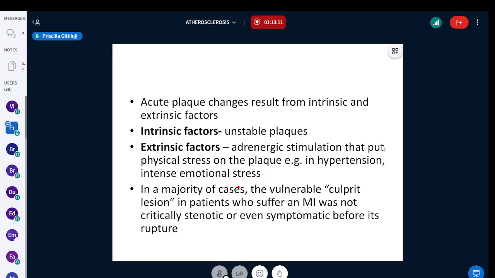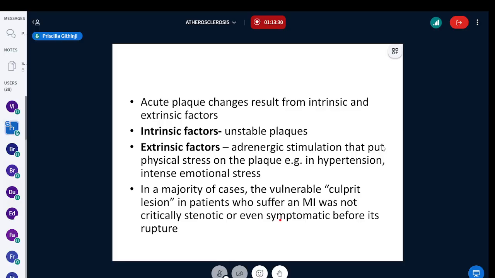Okay, so someone has received bad news, they had an unstable plaque. So that adrenergic stimulation leads now to plaque rupture, and you have thrombosis, you have occlusion of the blood vessel, and this can lead to ischemic heart disease and even death.